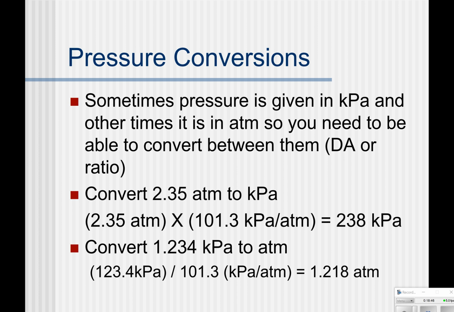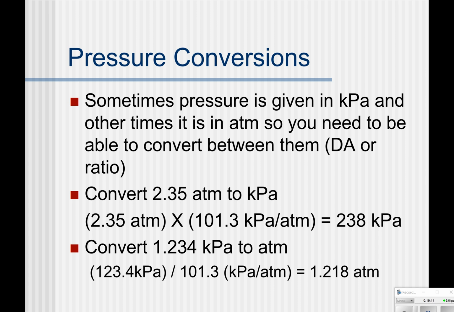Now sometimes you're going to have to be able to convert between different pressure units, and luckily in the scope of this course it's only two different units, and those units are kilopascals and atmospheres. So we need to be able to convert between them using dimensional analysis or the ratio method.